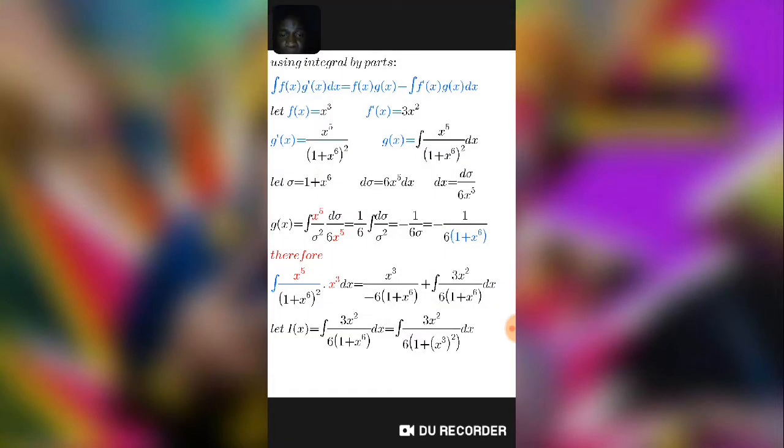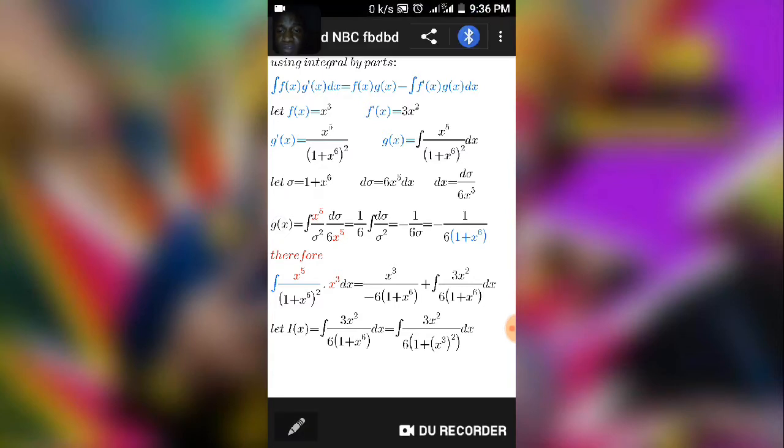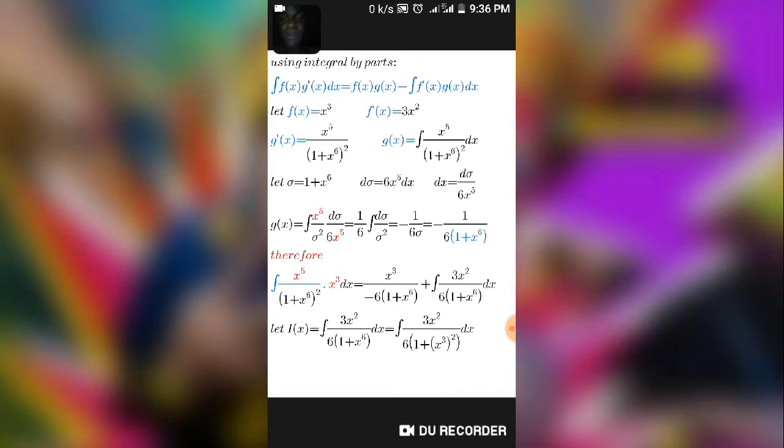So therefore we now impute the values of g of x, g prime of x, f of x, and f prime of x into this equation here, which is the integral by parts equation. So we have the integral of x to the power 5 over 1 plus x to the power 6 all squared times x. The x is equal to f of x times g of x, or f of x is x to the power 3.